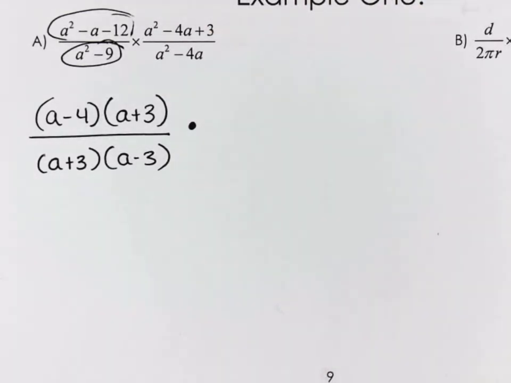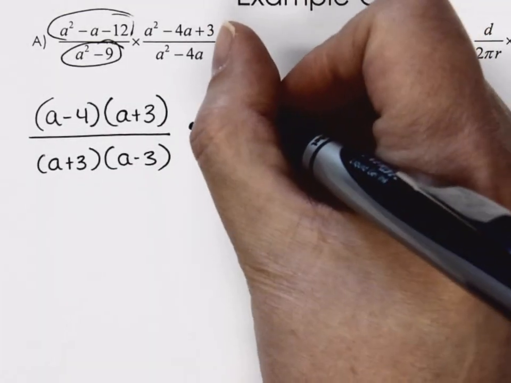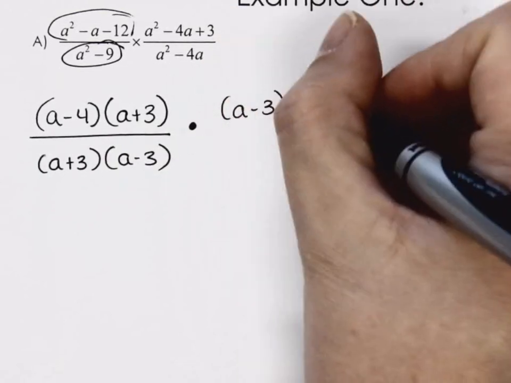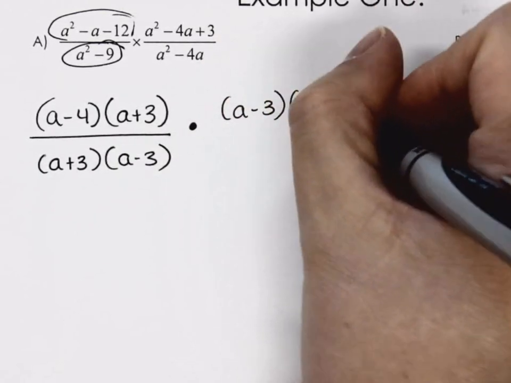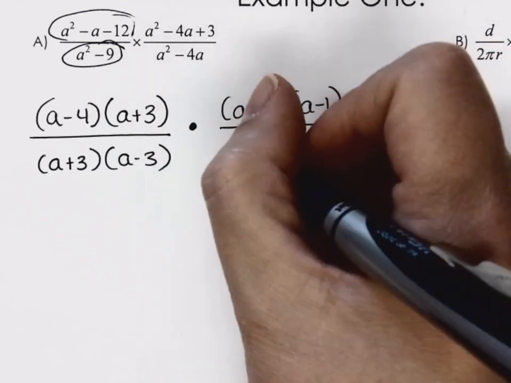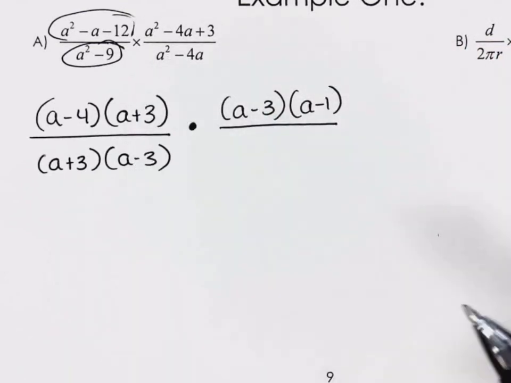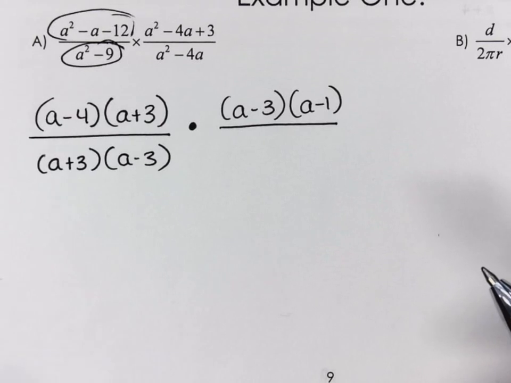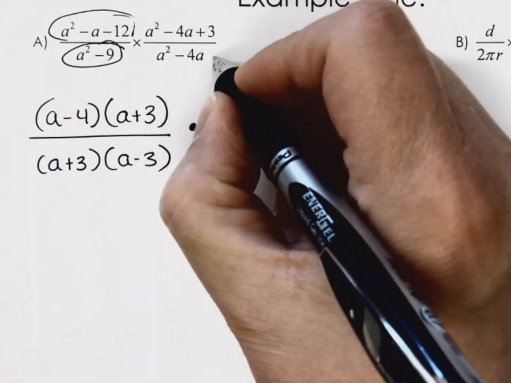Okay, on the numerator here, what are my factors? 3 and 1. And what's happening here? I'm going to do a couple of things here.